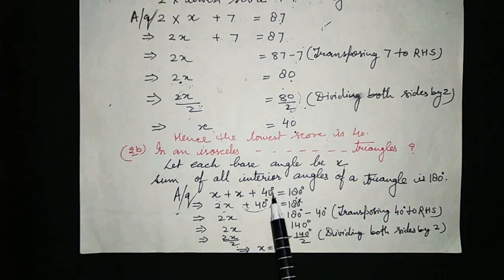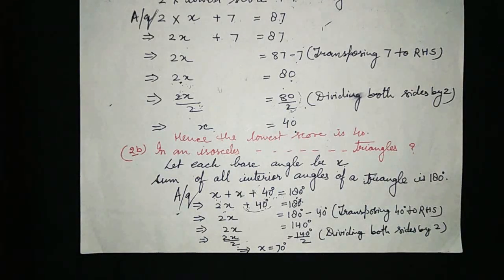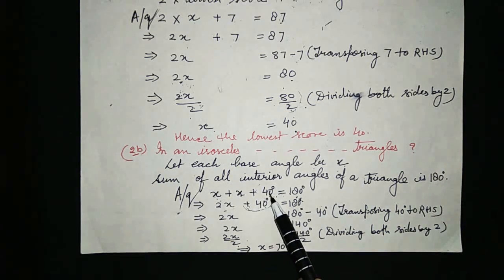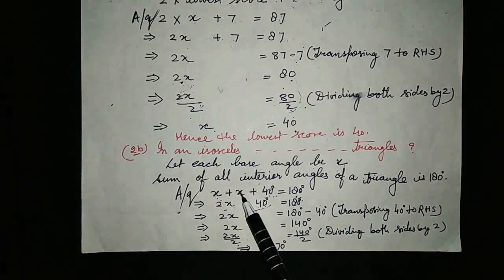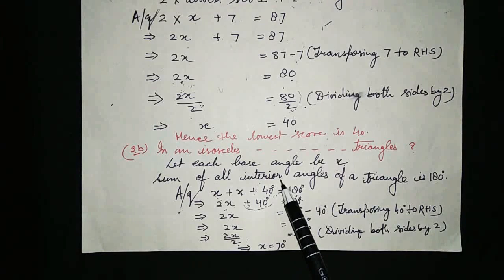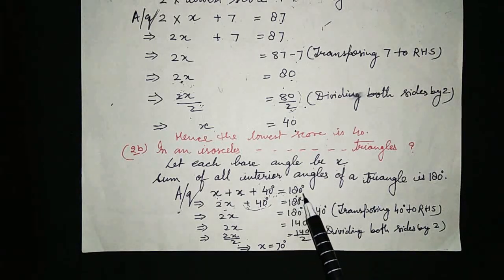And the vertex angle is 40 degrees. Now we will use this property and we will make the equation. So the equation will be x plus x plus 40 degrees is equal to 180 degrees. These two are base angles and this 40 degrees is the vertex angle and the sum of these three is equal to 180 degrees.